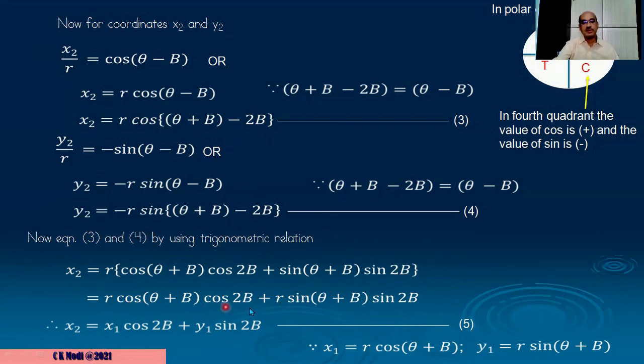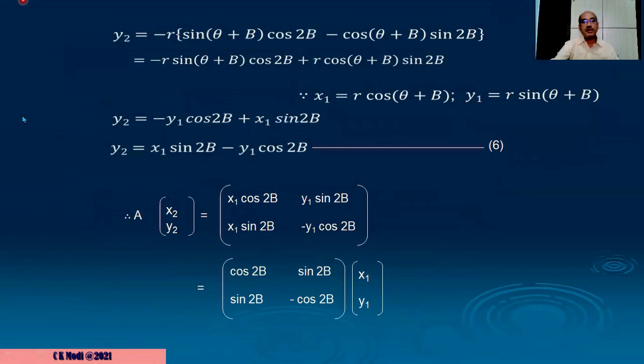Therefore r cos(theta plus b) cos 2b plus r sine(theta plus b) sine 2b. And after simplification, x2 is equal to x1 cos 2b plus y1 sine 2b, because we have inserted the values. So x1 is equal to r cos(theta plus b) from equations 2 and 3. Therefore, x2 is equal to x1 cos 2b plus y1 sine 2b.